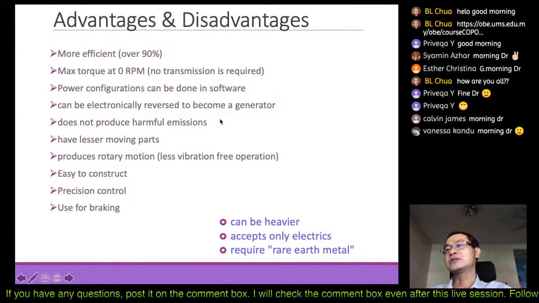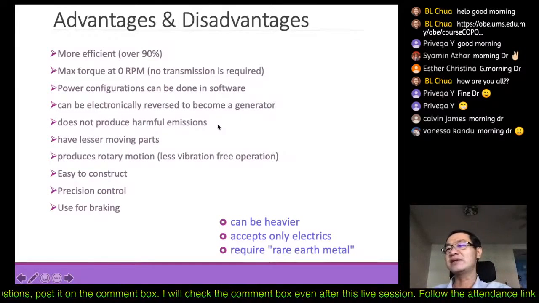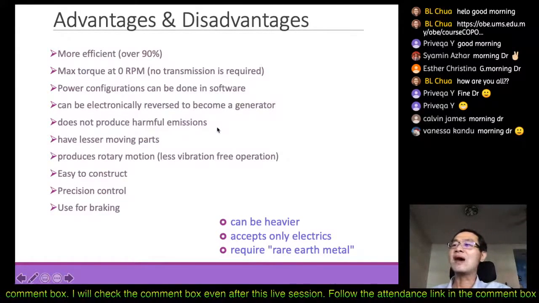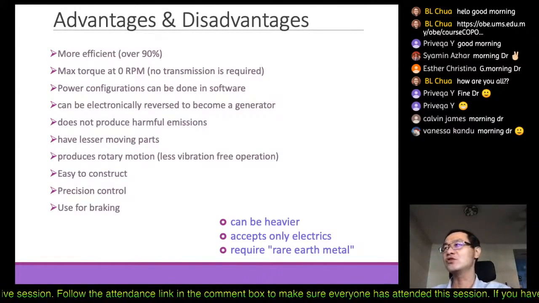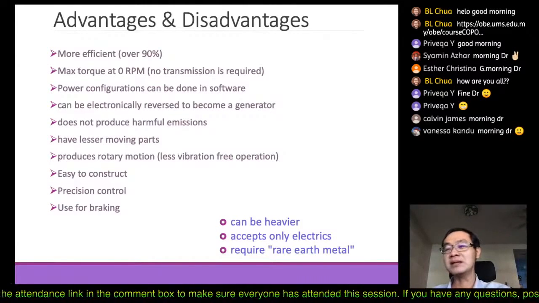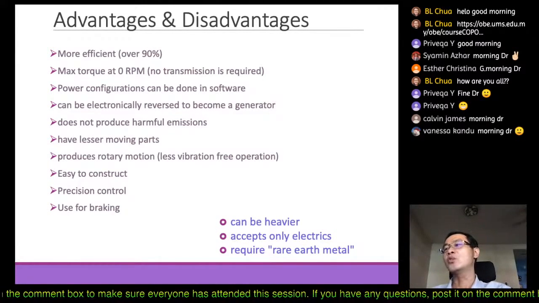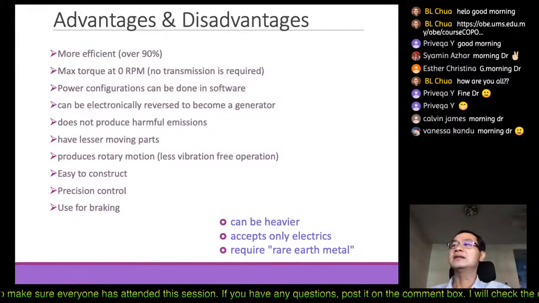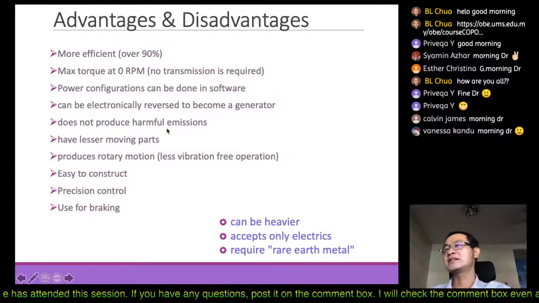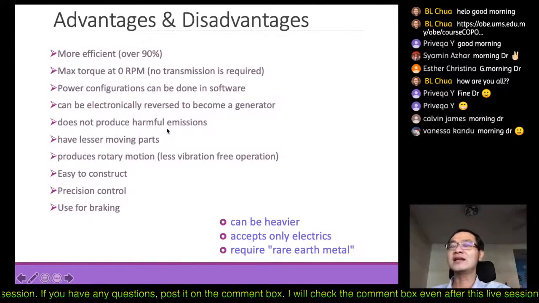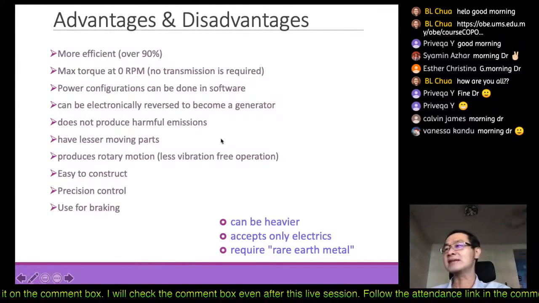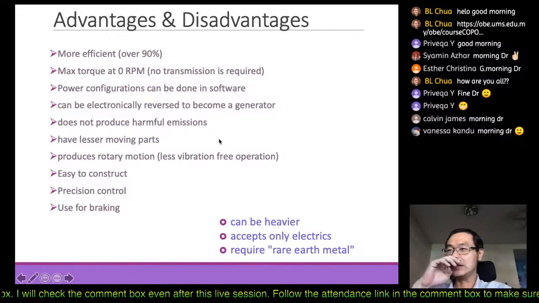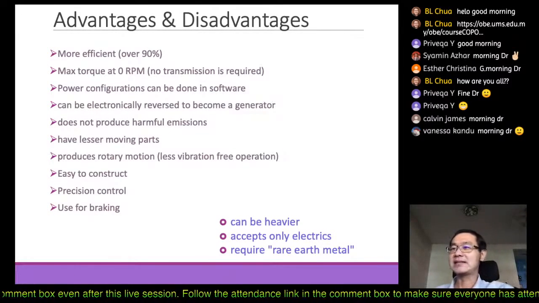It also produces very little or almost zero harmful emissions, except the magnetic field. Other than that, it doesn't produce fumes and other things unless you burn it, meaning overheat. This is more friendly to the user because it doesn't emit most of the dangerous gases.